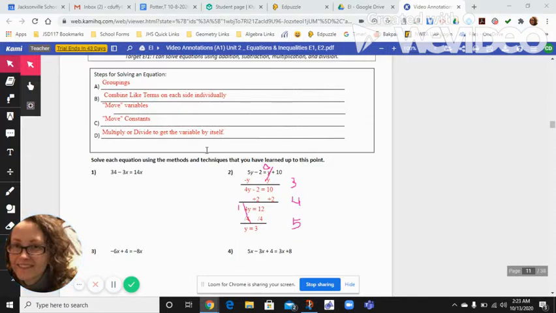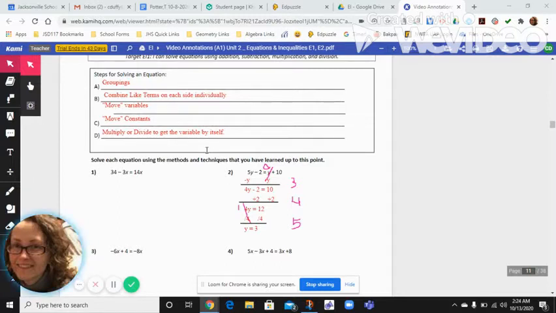Now, I've explained before, this is not necessarily an exhaustive list of every possible thing that we could do with equations, but it is going to start to get us in good habits for what we're going to be looking at in these sections coming up.